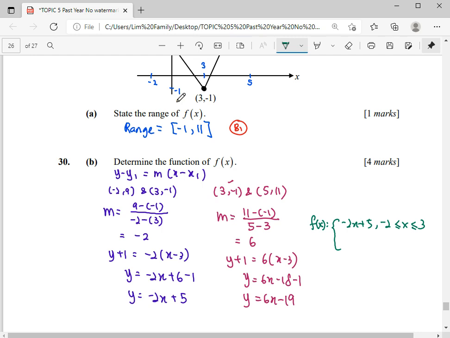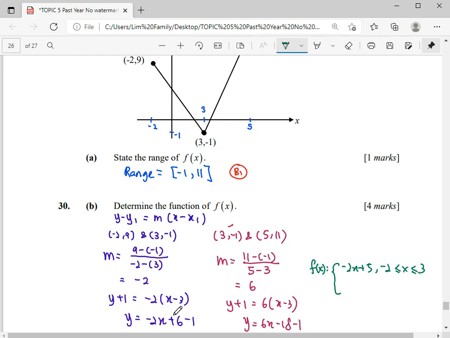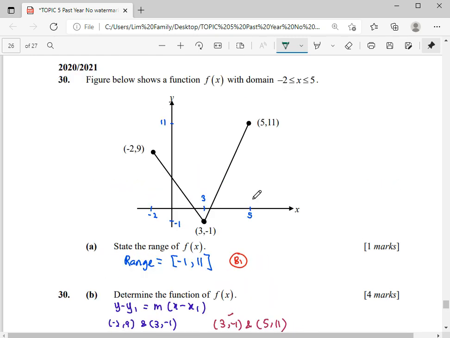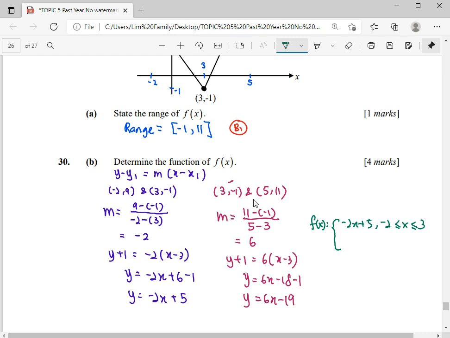So we write the formula there, and then we state the domain for the first piece of this function, -2 until 3. Then the next formula is for 3 until 5 included, because all are closed circles here. So for 3 until 5, this formula, this line; and -2 until 3 is the first line.